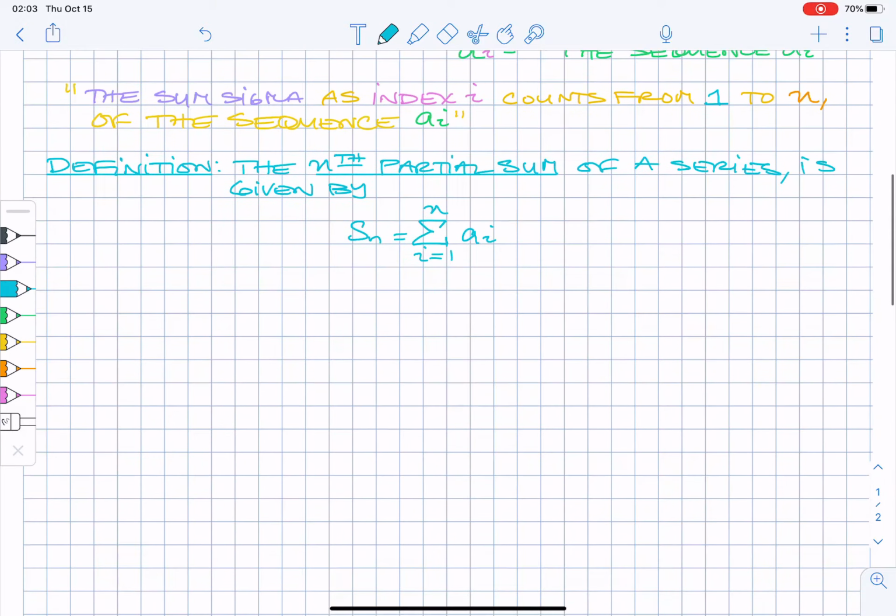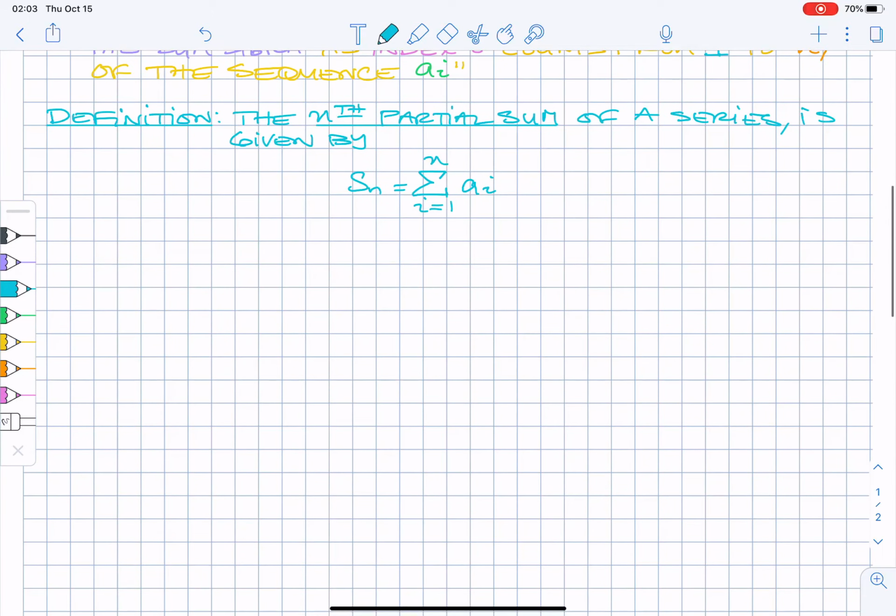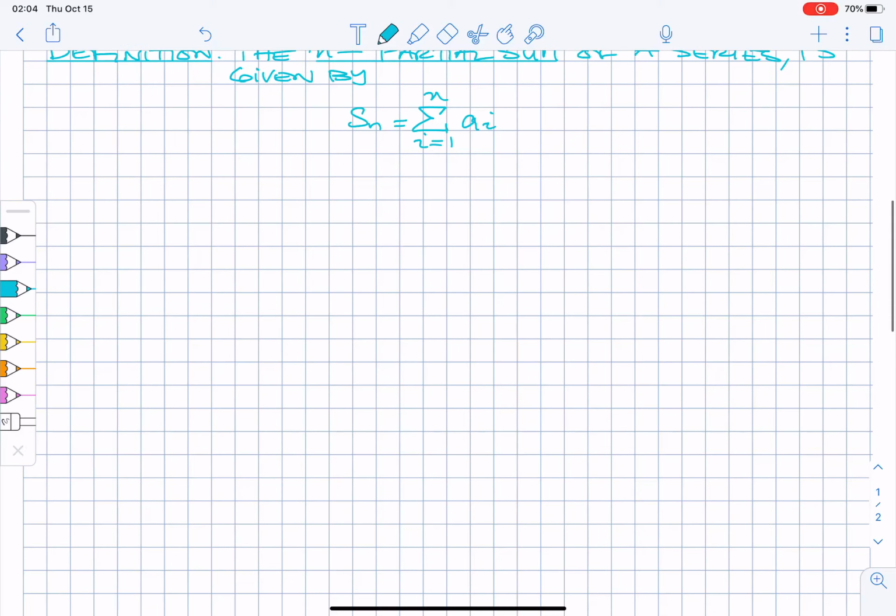So basically an nth partial sum stops taking the sum at n.